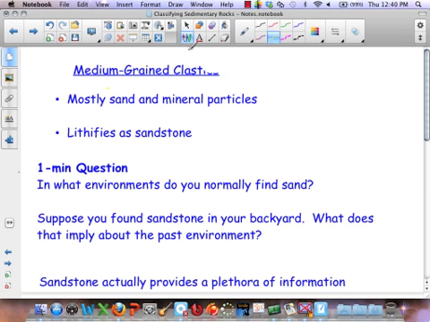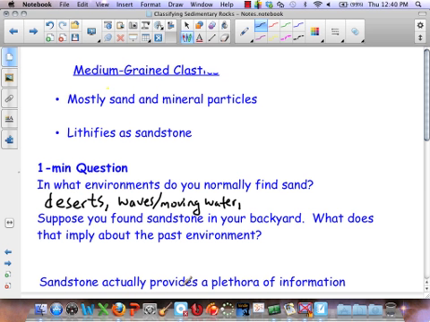Explain that to me. All right, so yeah, we have a lot of water where it's rolling in on wave action. So we might have a lot of waves. But in this case, it really is moving water. And what other environments do we see that?